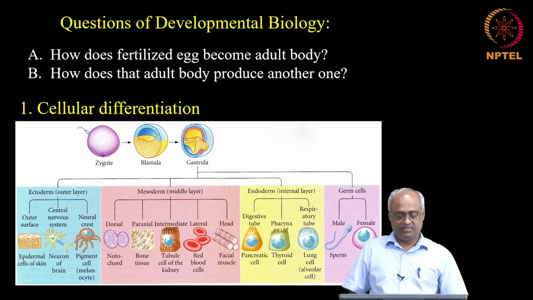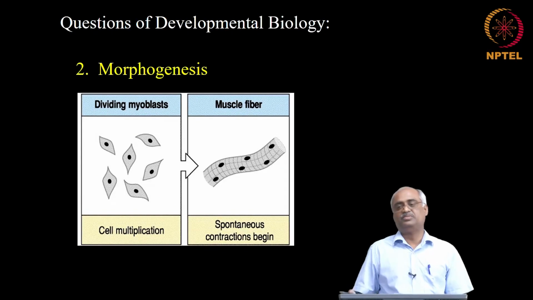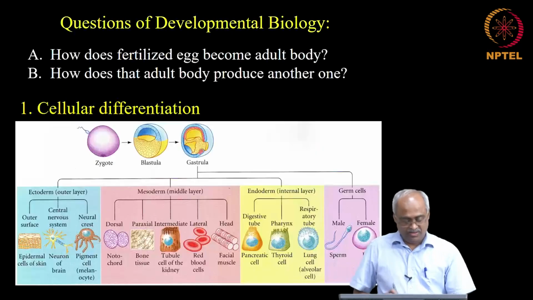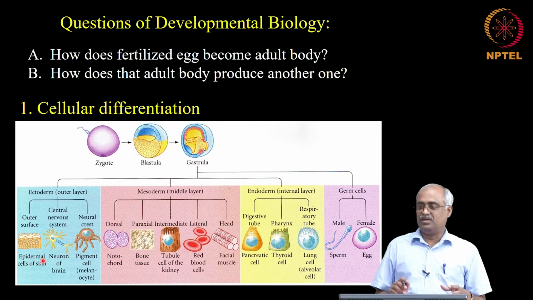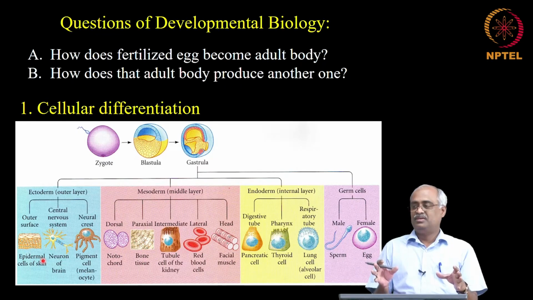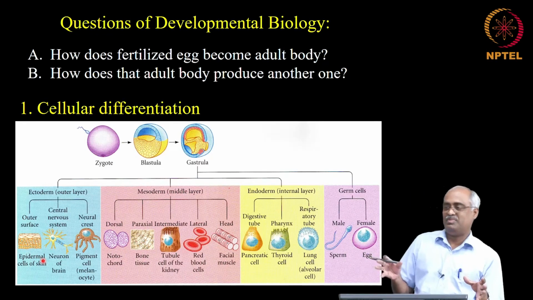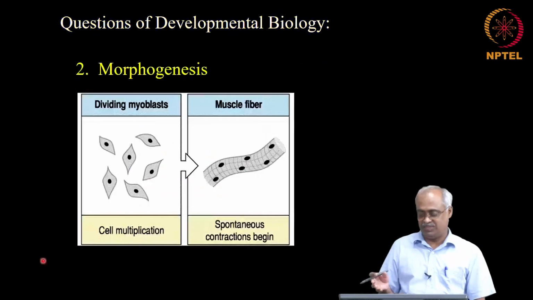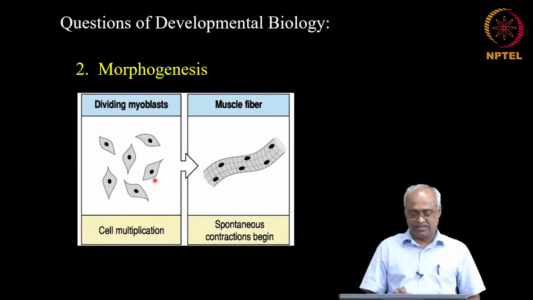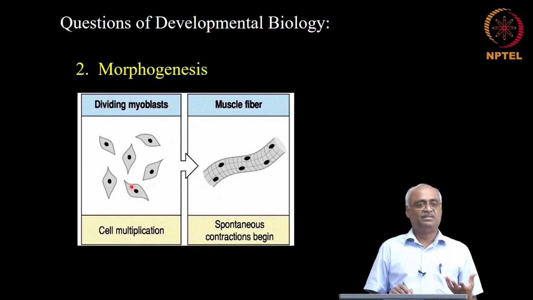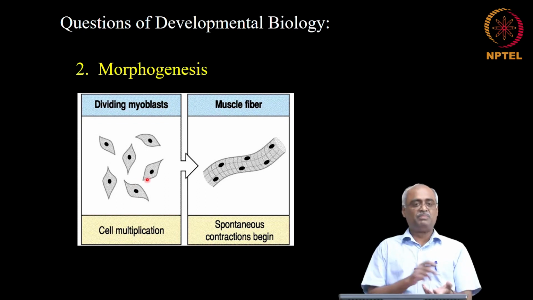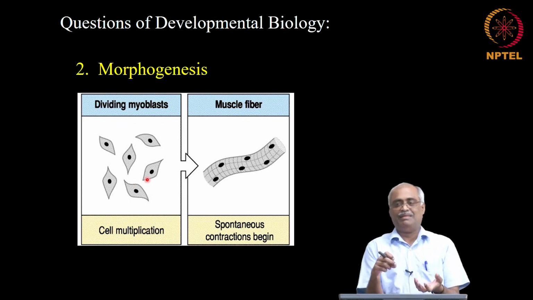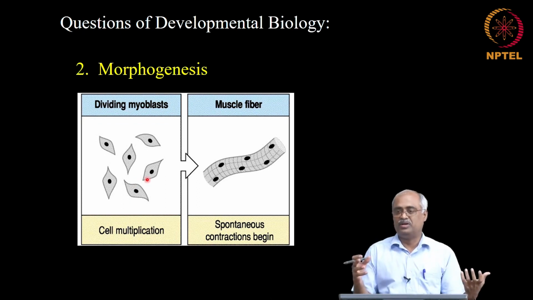And second, morphogenesis. So, okay, fine, I know how to make neurons. Okay, I made a lot of neurons. Will they become brain? Will they become spinal cord? No. So, they have to organize and take specific shapes, like for example here myoblasts, muscle cells. So, a lump of muscle cells will not become muscle fiber, that is not going to help you to have contraction and relaxation.